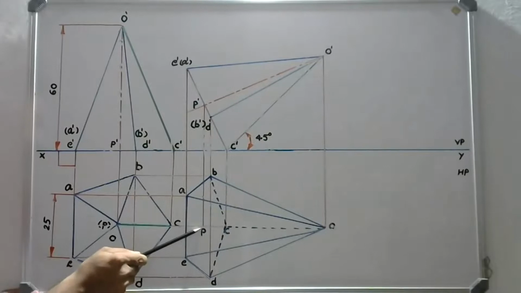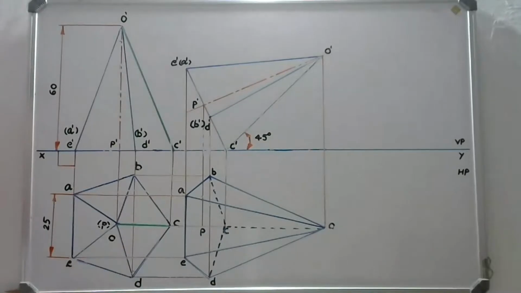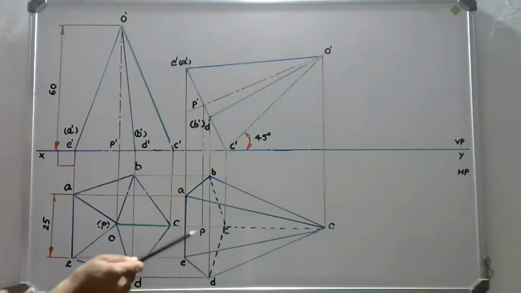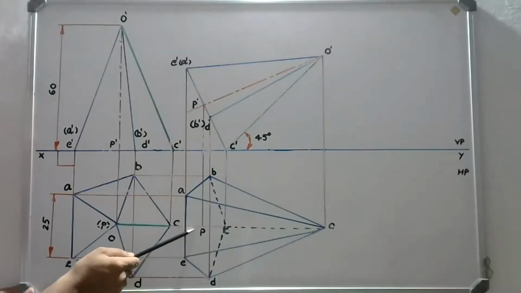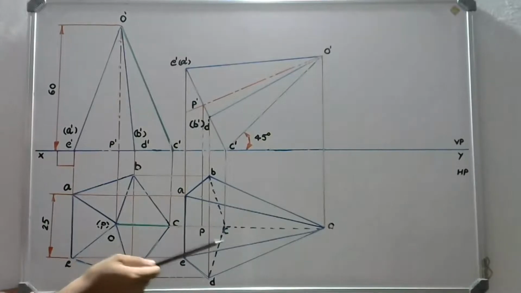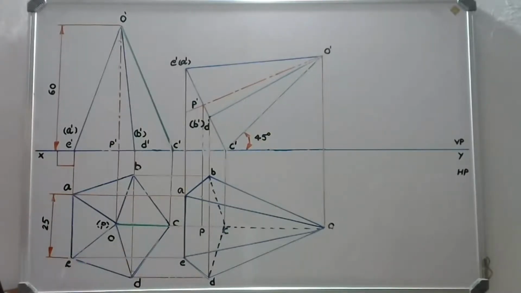So this parallel axis in the top view is now tilted to 30 degrees with VP. So the parallel axis is turned to 30 degrees with respect to VP in top view. That is our third top view.